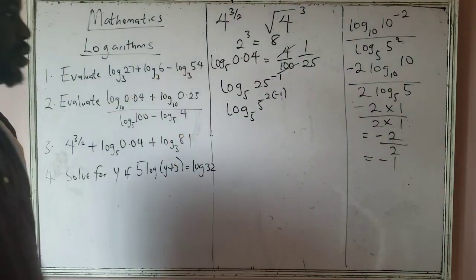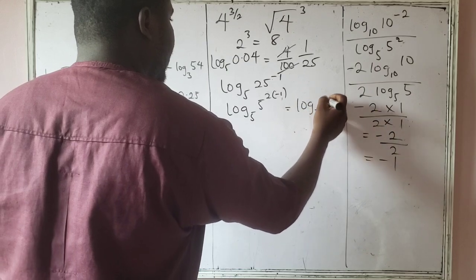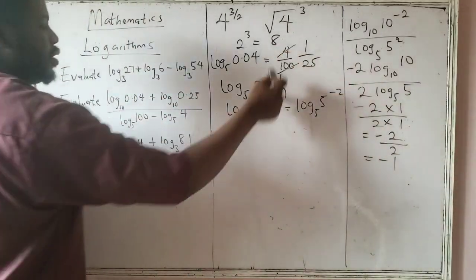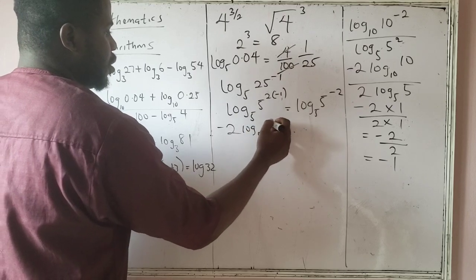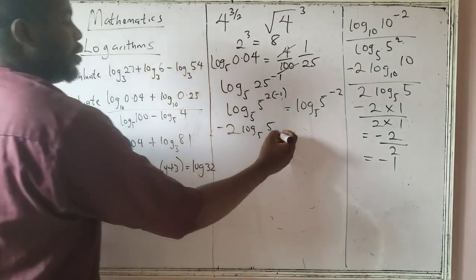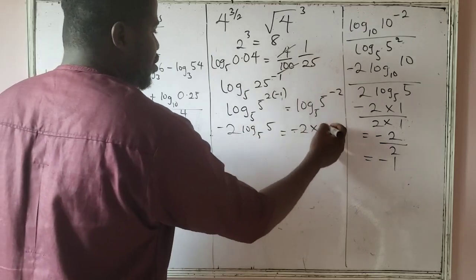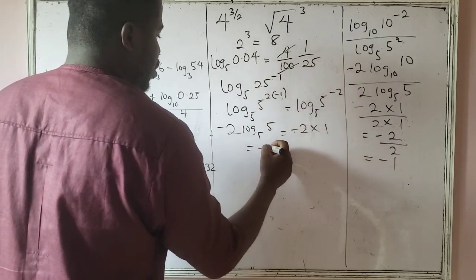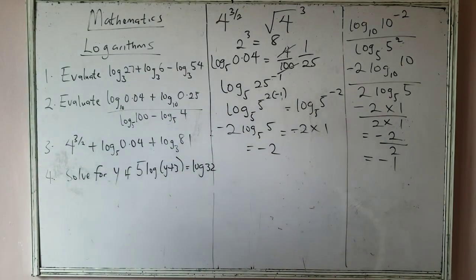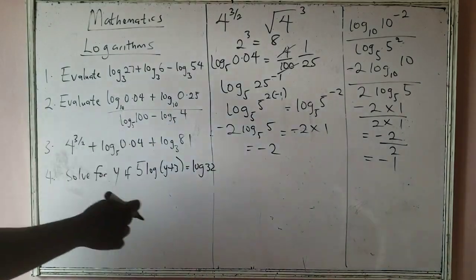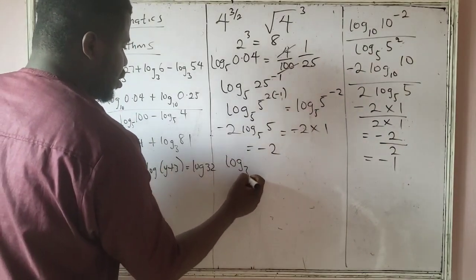Because 5 raised to power 2 is 25, and then we have log 5, and then this minus 2 will now come like this, minus 2 log 5 base 5, and I already told us that when we have log 5 base 5 like that, it is 1. So we have minus 2, so this log 0.04 is minus 2.